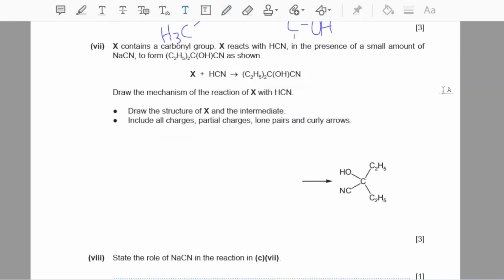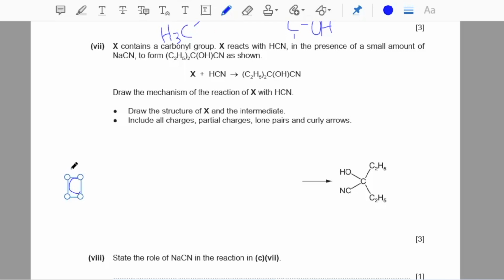Part 7. X contains a carbonyl group. X reacts with HCN in the presence of a small amount of NaCN to form (C2H5)2C(OH)CN as shown. Draw the mechanism of the reaction of X with HCN. Draw the structure of X and the intermediate. Include all charges, partial charges, lone pairs, and curly arrows.